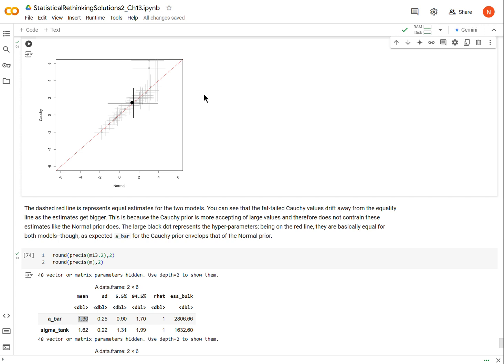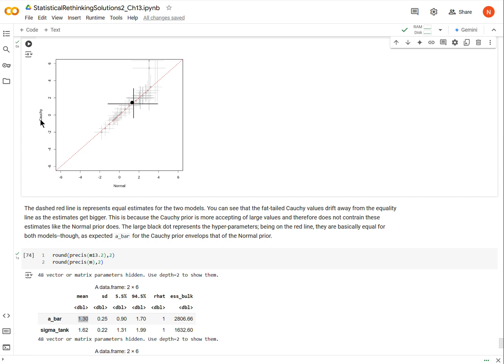But my guess is that it has something to do with the increased flexibility of the Cauchy, and by flexibility, I mean its ability to entertain a broader range of potential values. The way that I think this may be working is that the increased flexibility of the Cauchy allows a better, more exact fit to the data.